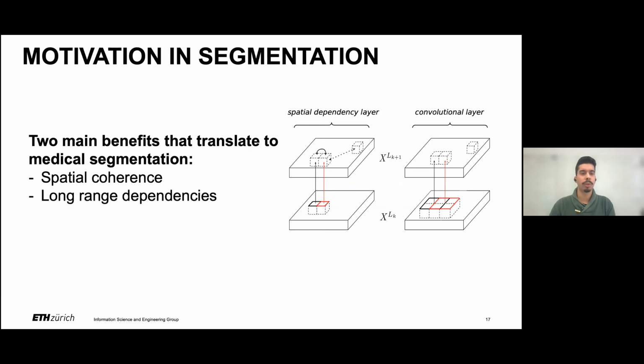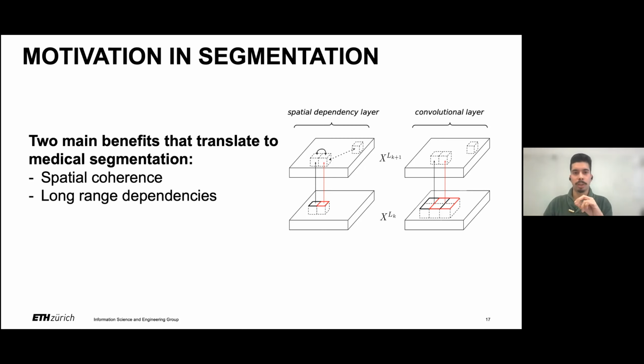So first of all, I want to motivate these spatial dependency networks within the context of the segmentation task. There are two main benefits that translate to medical segmentation. First is spatial coherence, as local features will have a stronger contribution to the modeling.